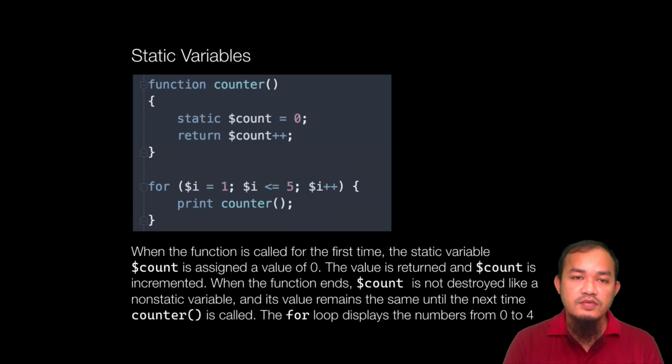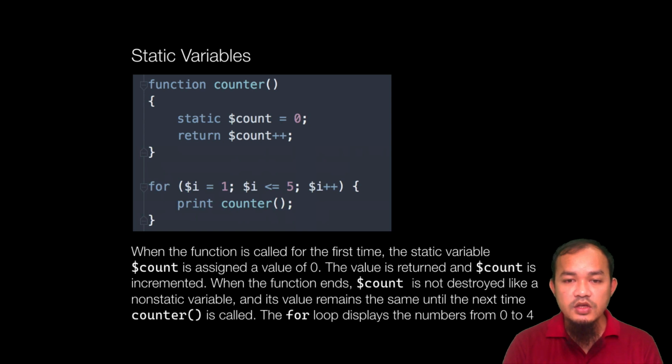That means if we have static, we should get the result 0 to 4. Otherwise, it will start from 0 each time and print 0 only, not 0 to 4, without the static variable.